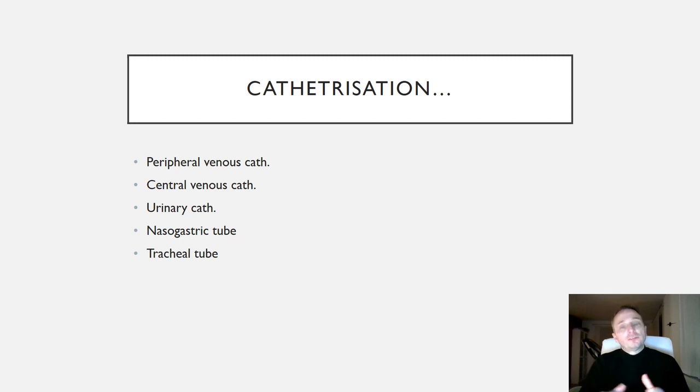Patients staying in the hospitals have a lot of catheters, which are important for monitoring, for administration of drugs, and for other reasons. And you have seen maybe in hospitals that the patient has a lot of plastic tubes. It can be peripheral venous catheter, central venous catheter, urinary catheter, nasogastric tube, tracheal tube, and so on.